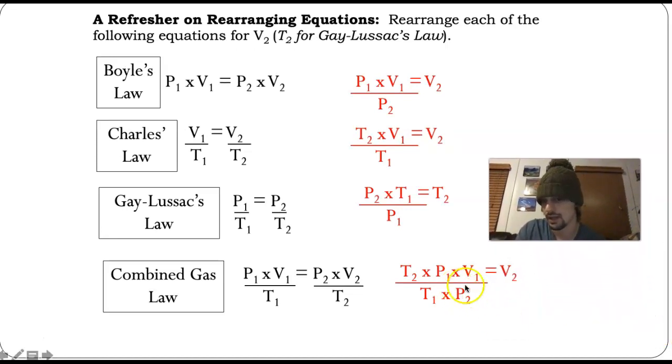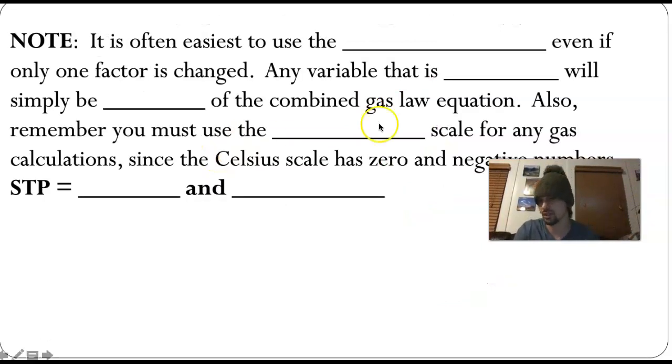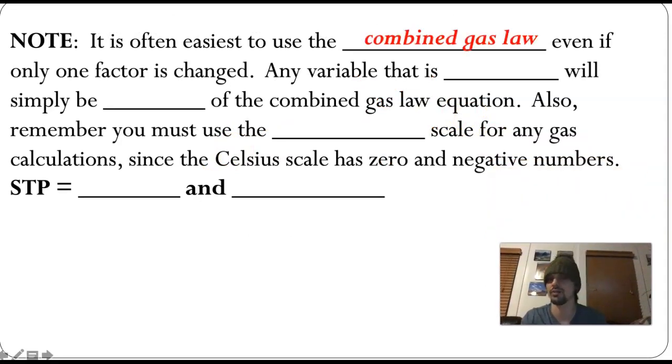And then anything that's constant I can simply leave out. So if temperature is constant, I just leave it out and I'm left with Boyle's law. Or if pressure is constant, I can leave that out and I get Charles' law. But you could pick which gas law you use or just always use the combined gas law, remembering that whatever is constant is left out.